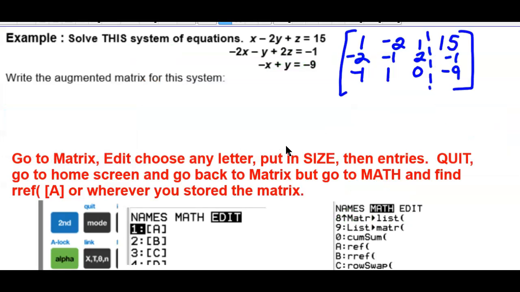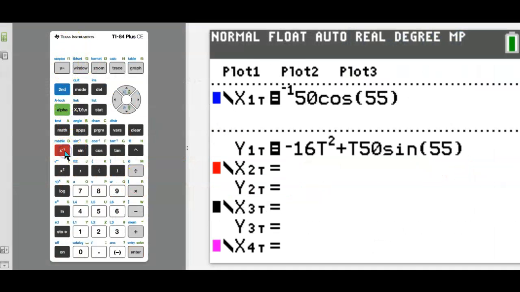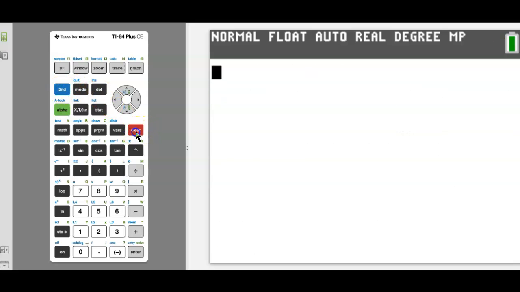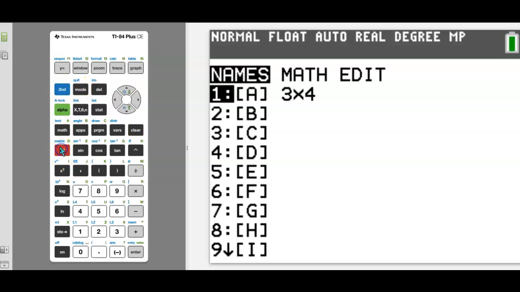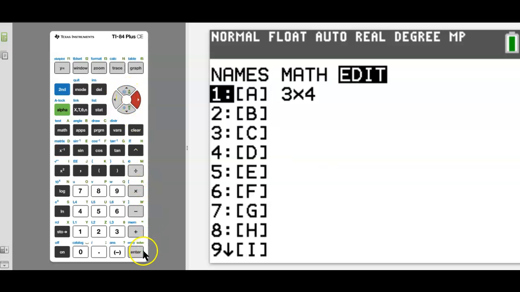So we're going to go back and do this one right here. So we're going to go to the calculator, second, and then this negative, oh, whoa. Doesn't matter what mode you're in. I'm obviously not in function mode, but that's okay. Second matrix, arrow to the right to edit, enter.